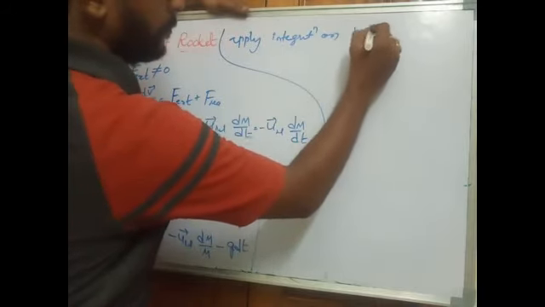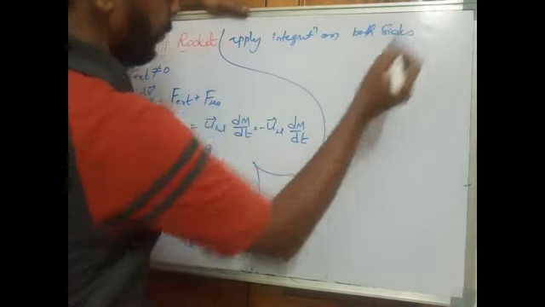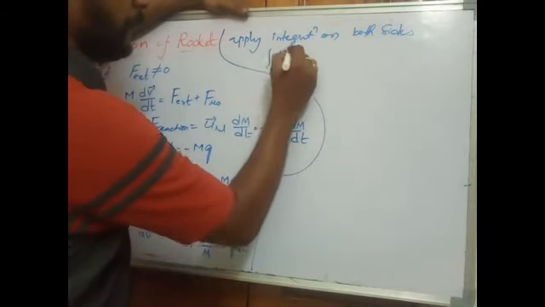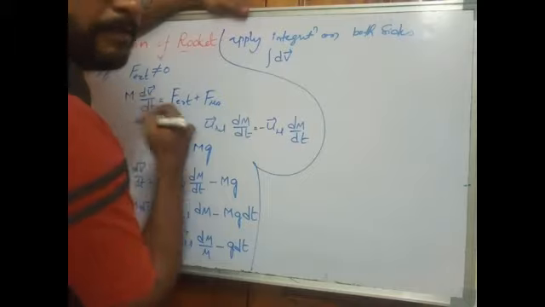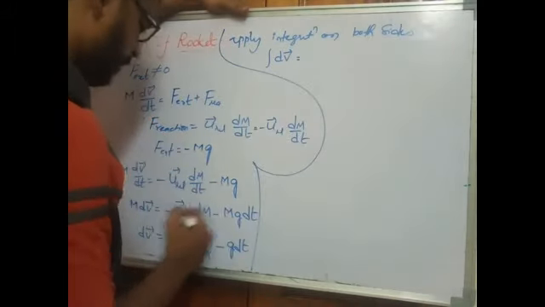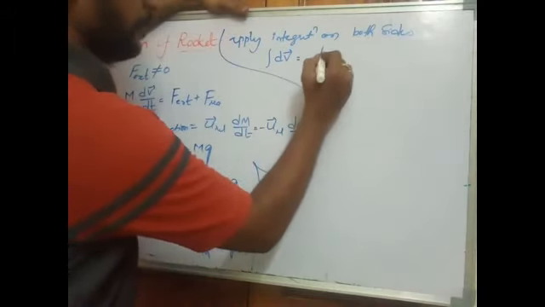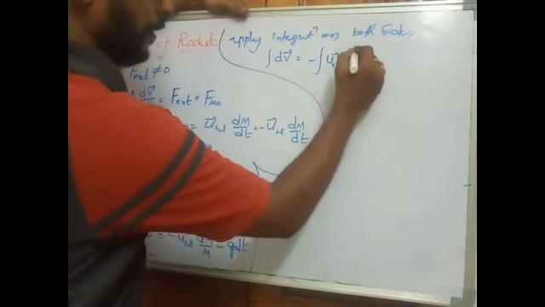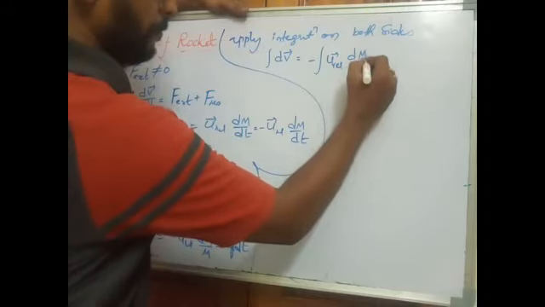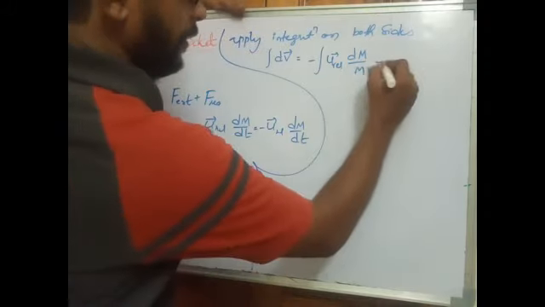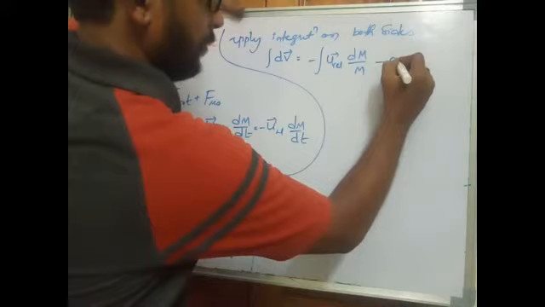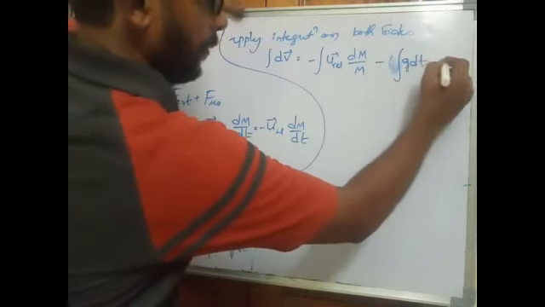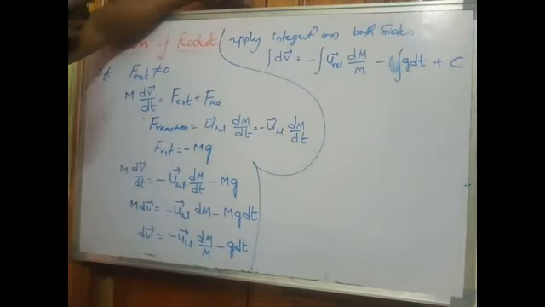Integral dv bar equals minus the relative velocity outside, integral of dm by m, minus g outside, integral of dt, plus a constant c.